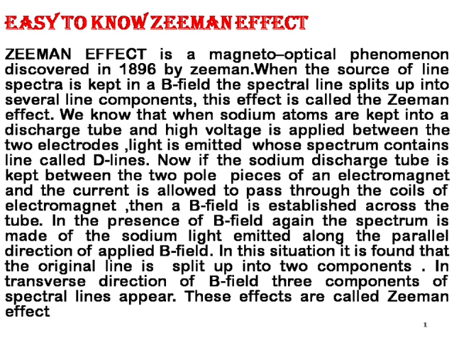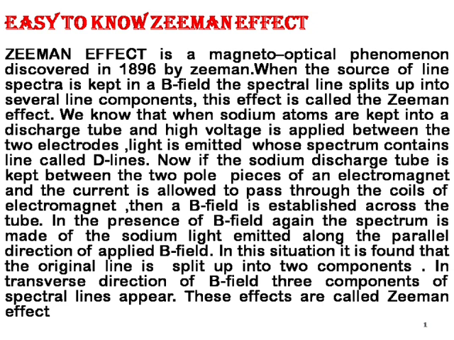You know that when sodium atoms are kept into a discharge tube and high voltage is applied between the two electrodes, light is emitted whose spectrum contains line called D lines. When the sodium discharge tube is kept between the two pole pieces of an electromagnet and the current is allowed to pass through the coils of electromagnet, then a B field is established across the tube.